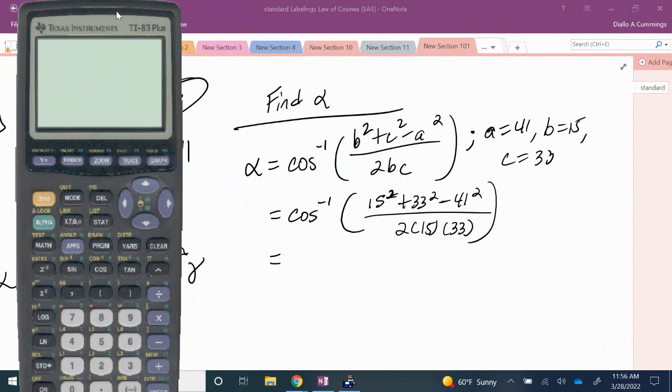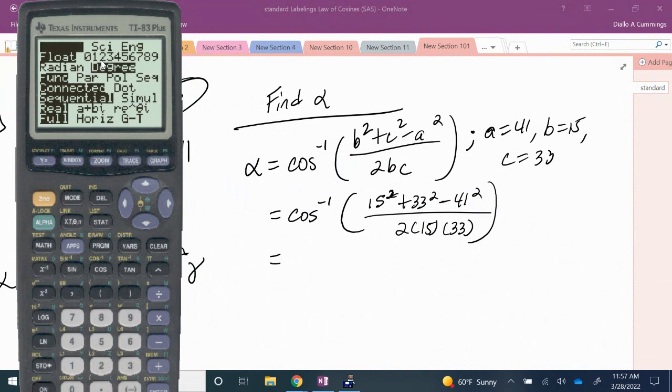I'm going to put this in carefully as the arc cosine. First off, let's make sure I'm in degree mode.